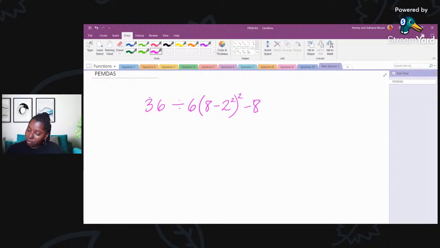Let me know what you get. Can you solve it? Who's got the answer?